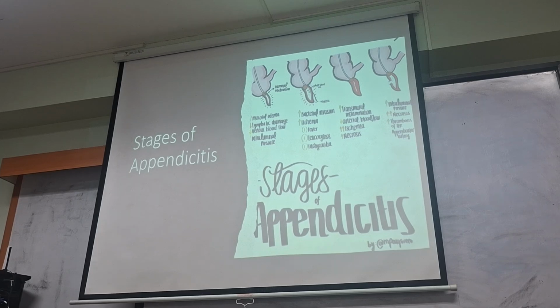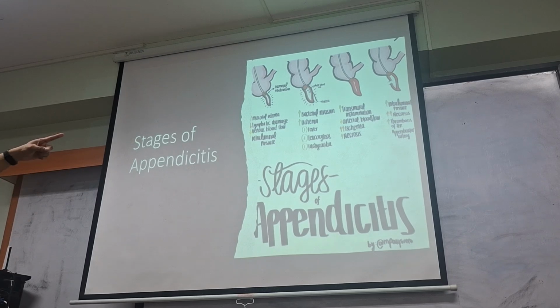So that's going to contribute to an increase in the intraluminal pressure. The pressure inside arteries is higher compared to that of veins. So if you press both structures, what is going to be impeded first? The veins. So the venous drainage is going to be blocked before the arterial.